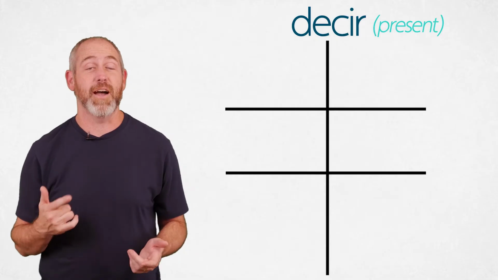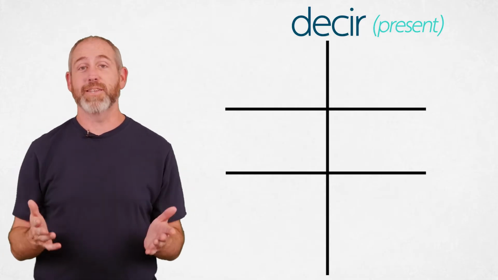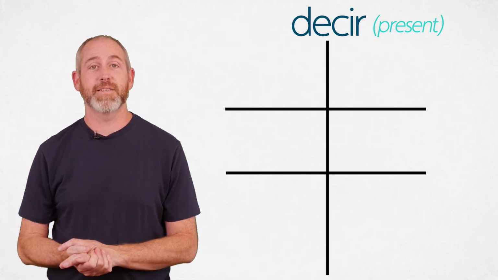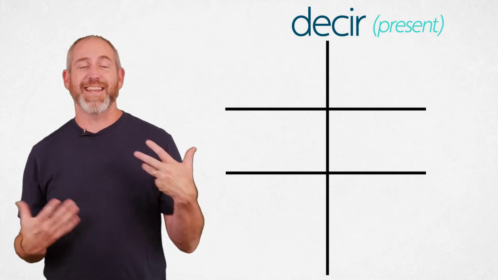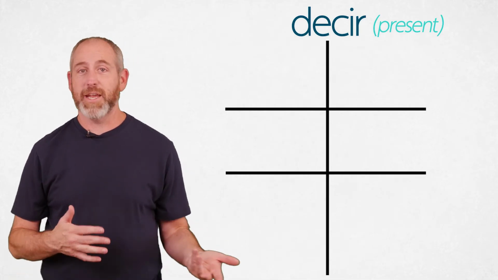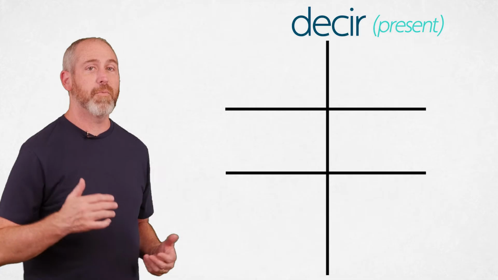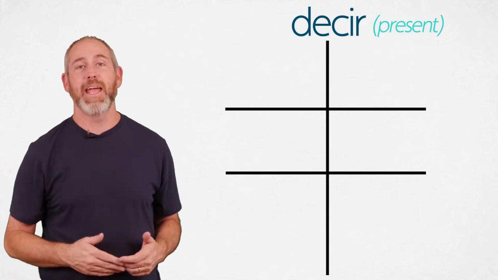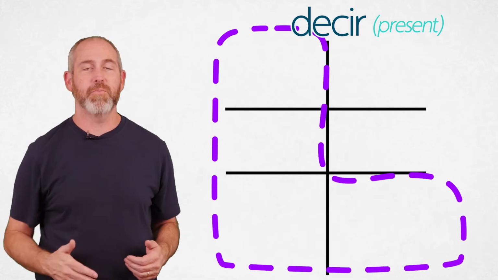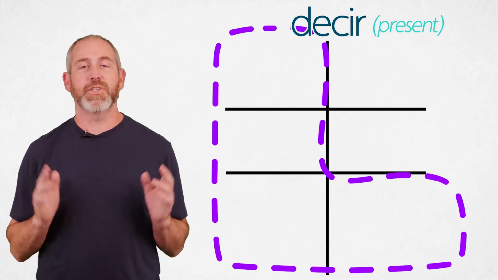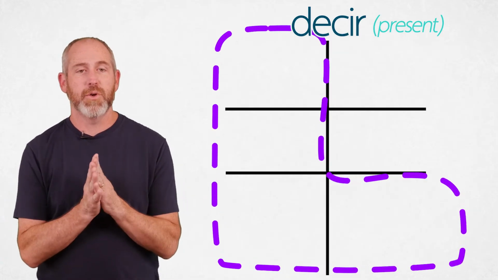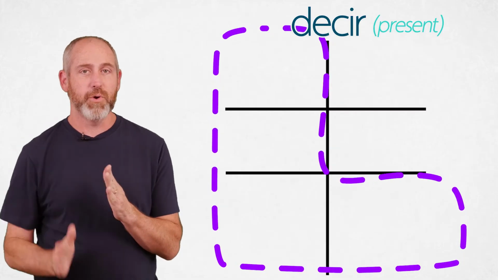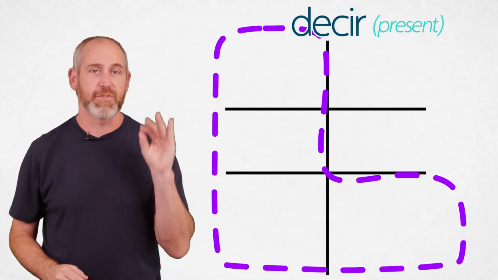Let's first get the conjugations in the present tense, okay? Now this is technically a stem changing verb. We're going to change the verb decir, with this de, we're going to change it to a di in the boot, okay, just like we've done before in stem changing verbs. Just going to change to an I. So we're going to have di in the boot, and we're going to have de outside of the boot.